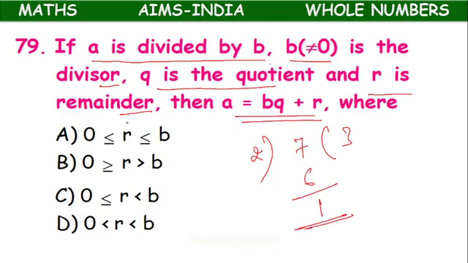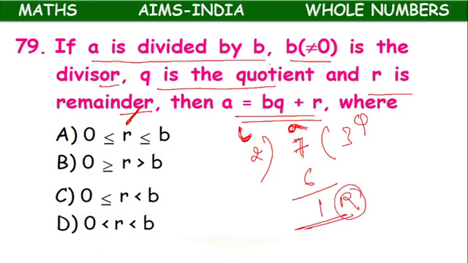So this is A, this is B, this is the quotient, this is the remainder.